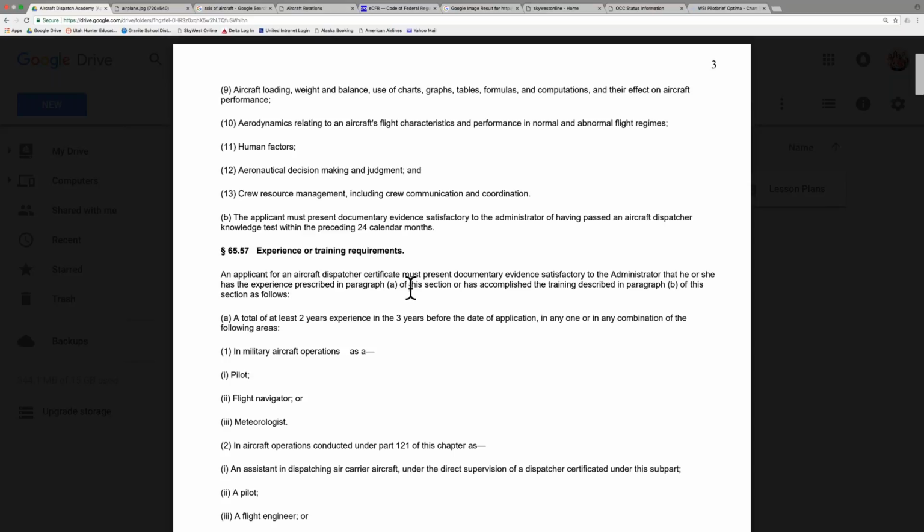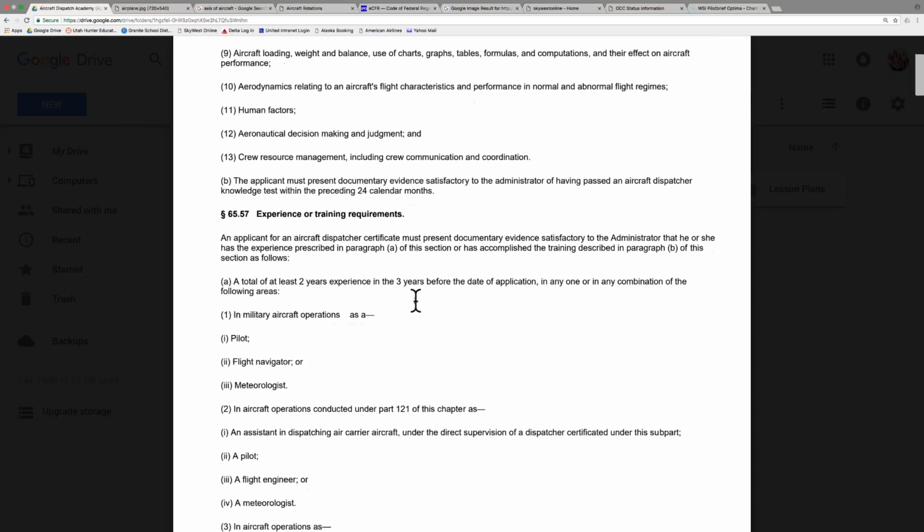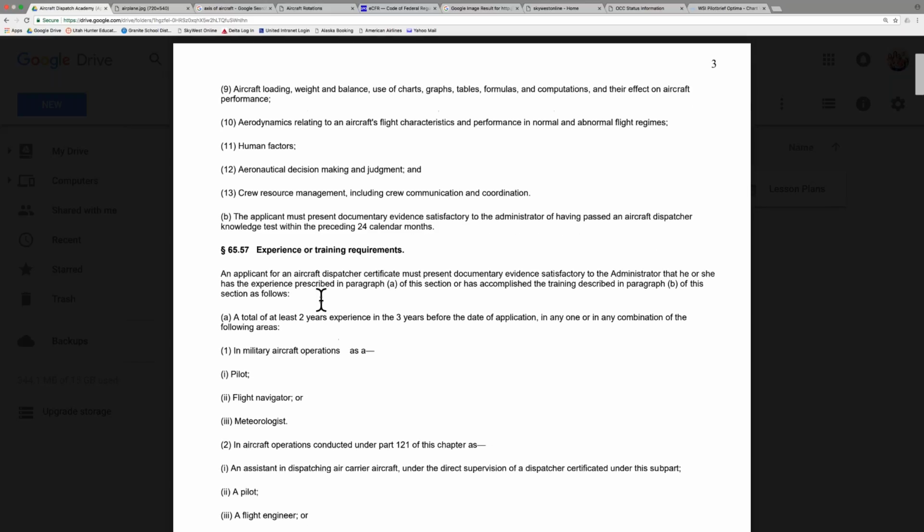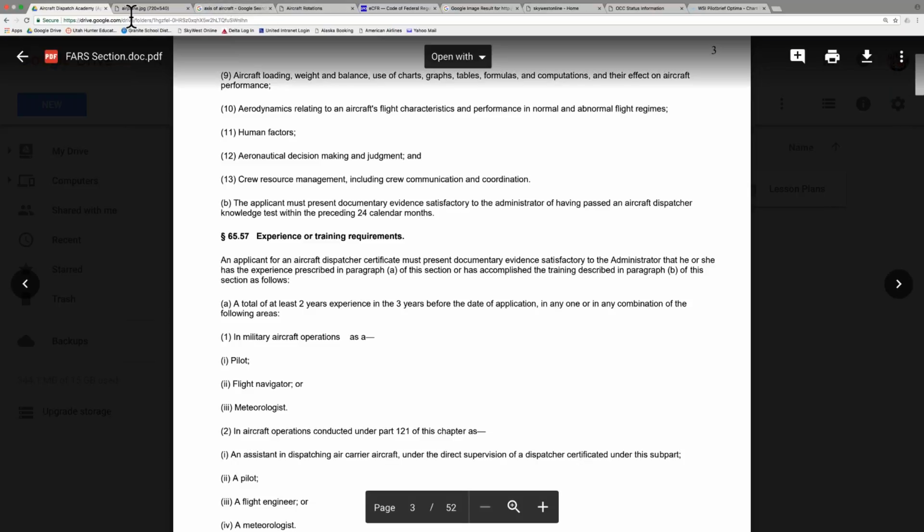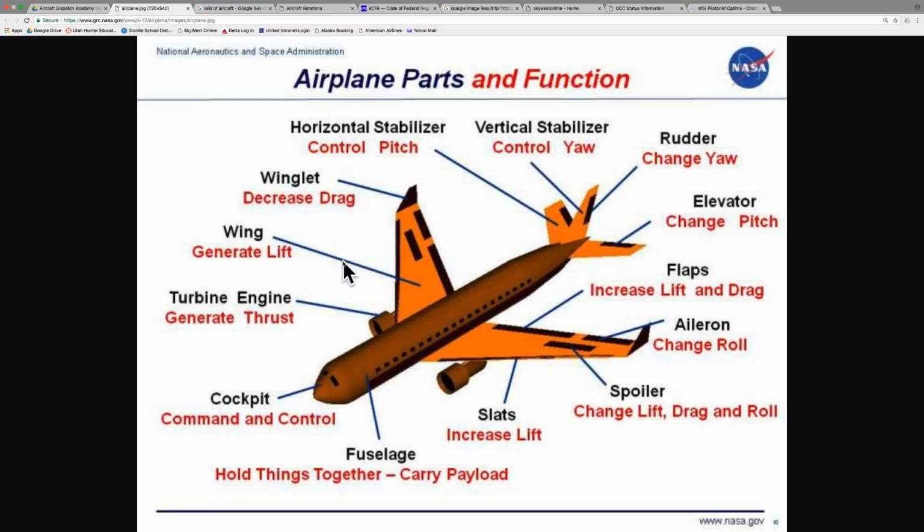So since we're on this topic, there's some of you that said that your aviation knowledge is that this is the first time you've ever talked airplanes. So I wanted to give you guys a quick introduction to an aircraft.